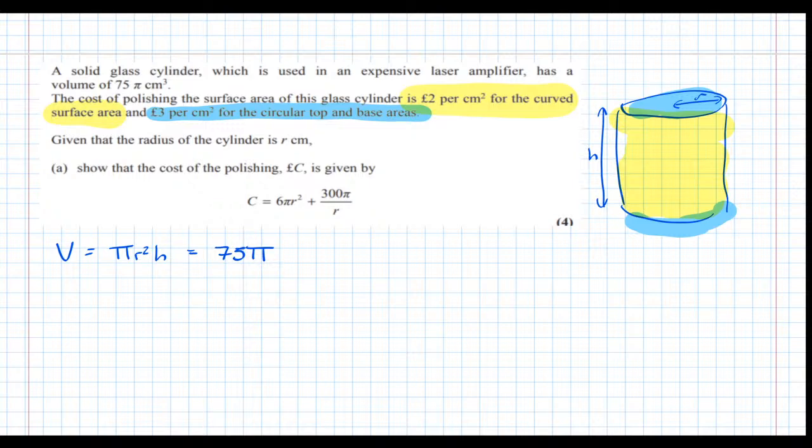Right, so my logic for this: the cost is going to be equal to, so you've got the base and the top, which is pi r squared, and there's two of them, and these cost £3, so that's that first term.